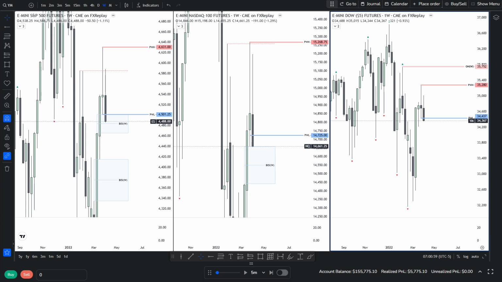So determine which time frame between weekly and daily presents the clearest narrative. Perfect. Okay.